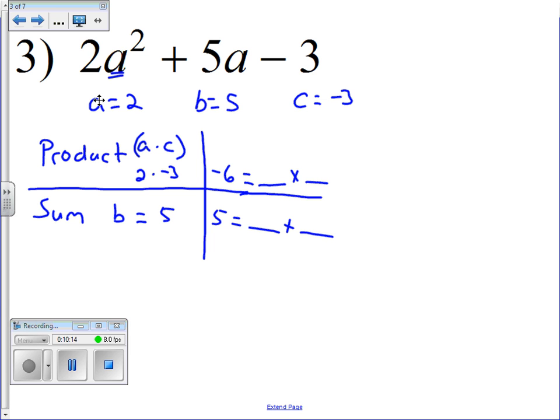So what are the factors of negative 6? Again, since it's negative, one of them has to be positive, one of them has to be negative. So we have 1, 6, 2, and 3.